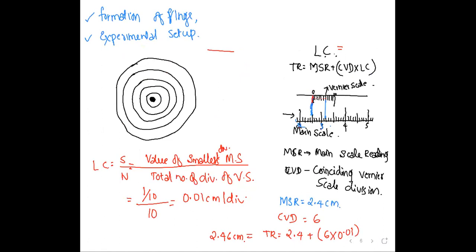I will focus the crosswire here, and I collect the readings from here, MSR and CVD. Similarly, at the fourth ring, at this position, I will collect.